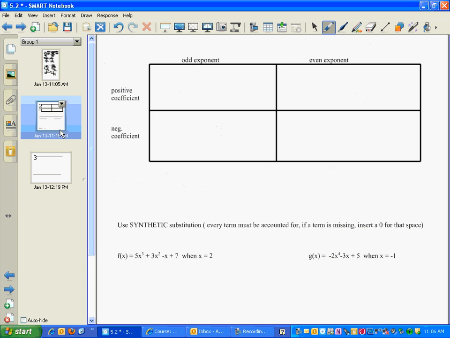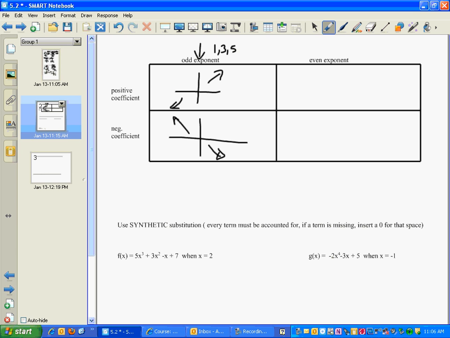So, if our exponent is odd, 1, 3, 5, all right, we know that if the coefficient is positive, what quadrants are we in? 1 and 3. And if our coefficient is negative, we're in 2 and 4. Are we good?